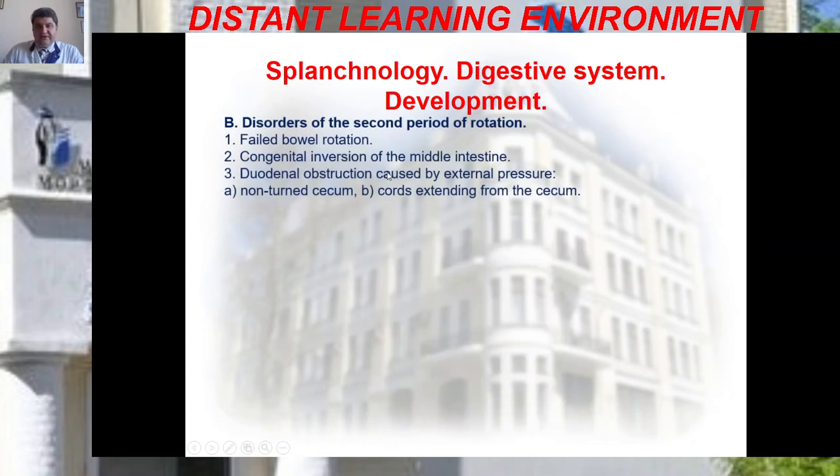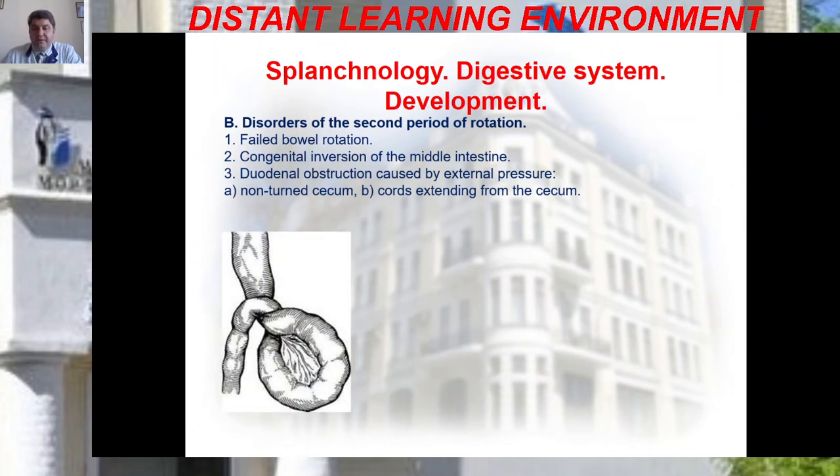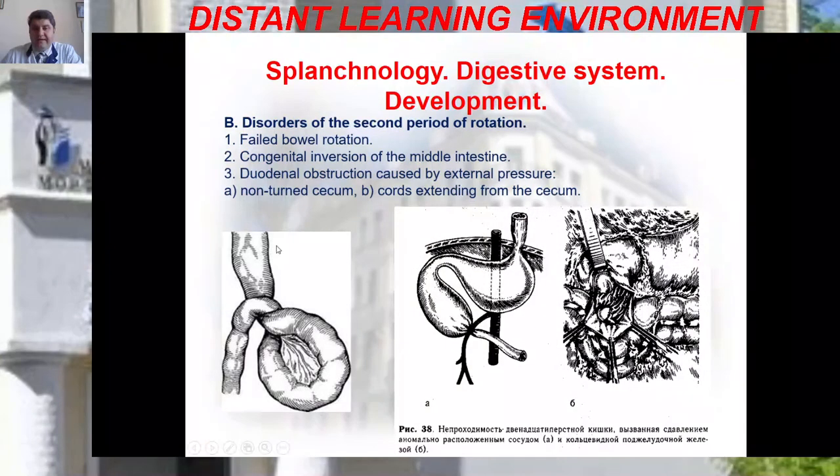Also, you may see disorders of the second period of rotation of gut, failed bowel rotation, congenital inversion of the middle intestine, and duodenal obstruction caused by external pressure, non-turned cecum, and a cord extending from the cecum. You may see this cord extending from cecum and failed bowel rotation.